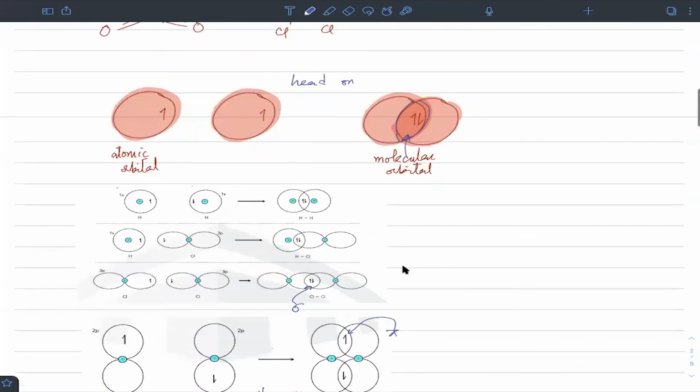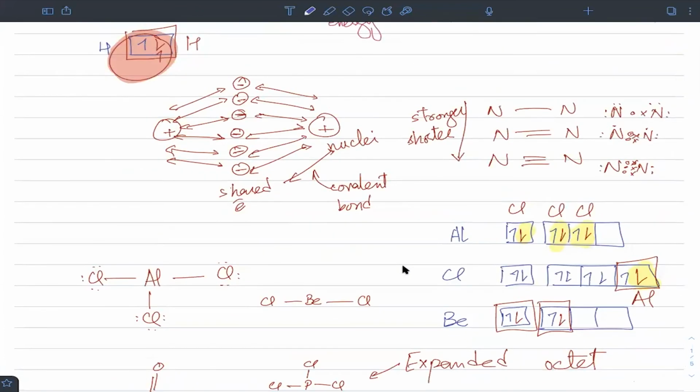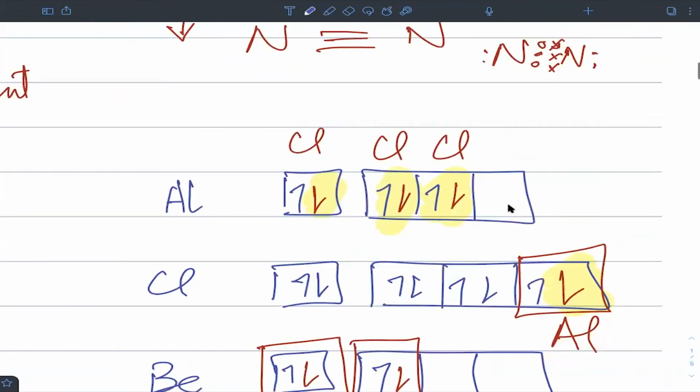For example, if I look at aluminium here, aluminium has made a bond with one chlorine and with another chlorine and another chlorine, but there's still this orbital which is completely empty. Can this make a bond? A bond is nothing but a way of fulfilling or completely filling an orbital.